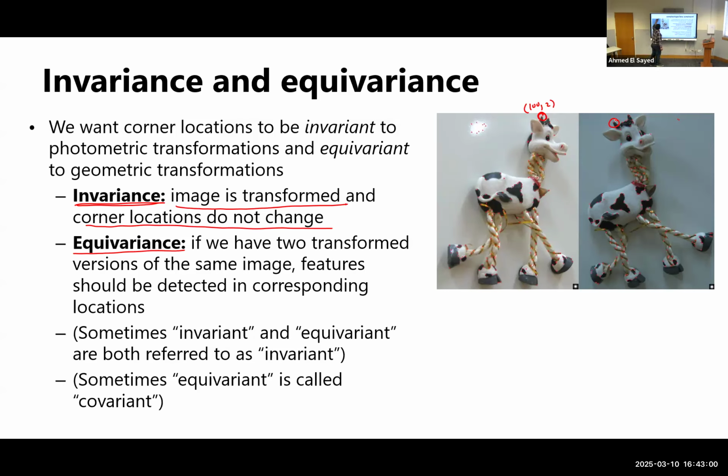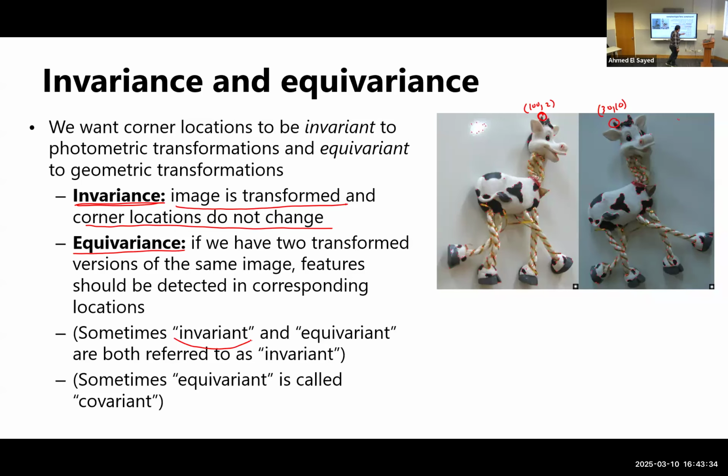So this one, for example, is at 30 and 10. But it's the same exact feature. So it didn't skip, it didn't disappear. That's why we can say that these are equivariant features. Okay? In some books, you will see some people call the equivariant invariant and vice versa. But officially, they are different.